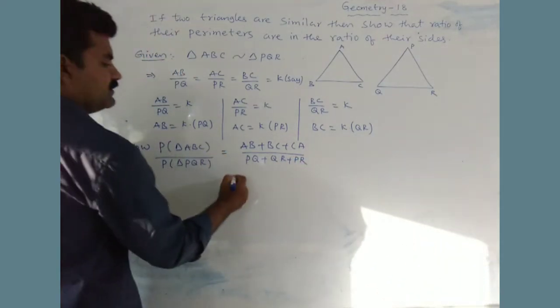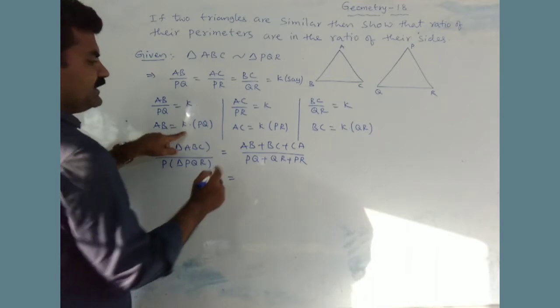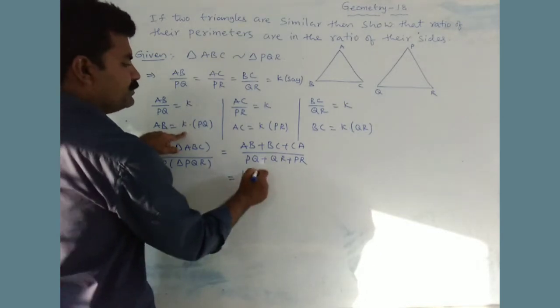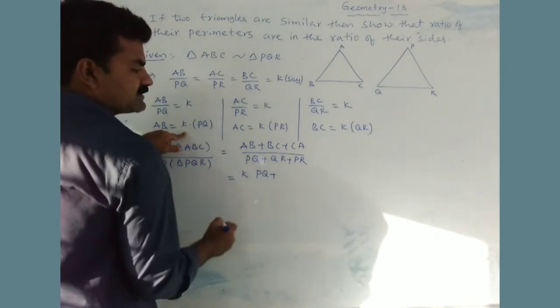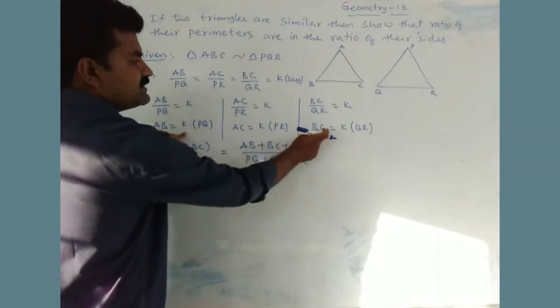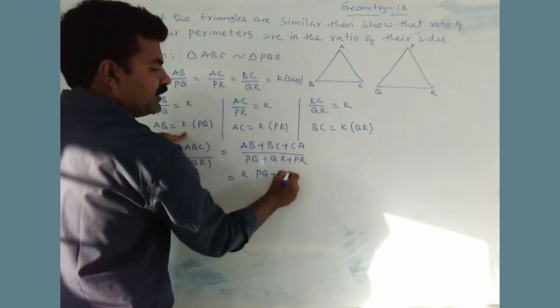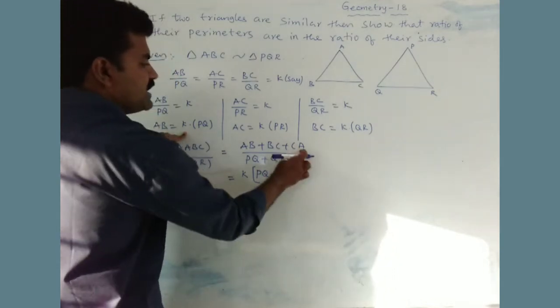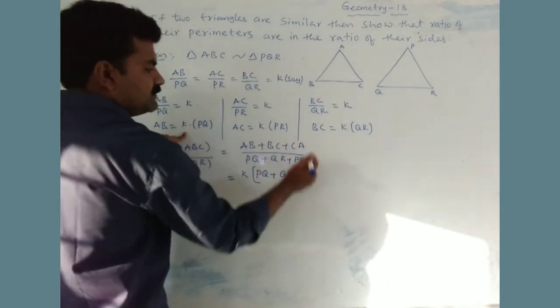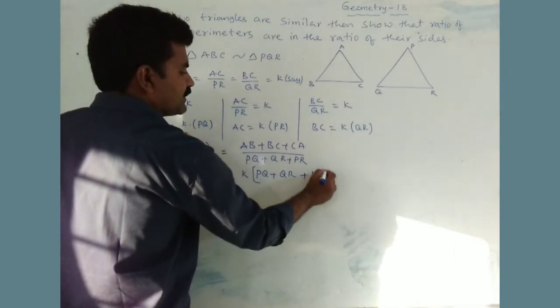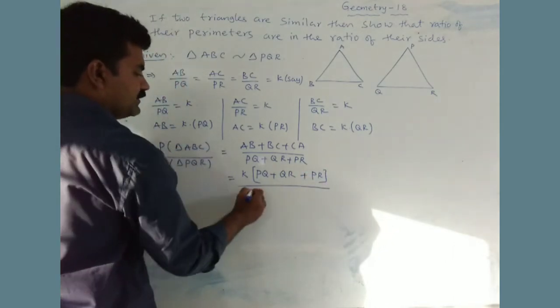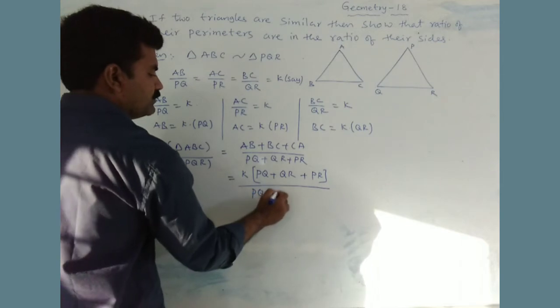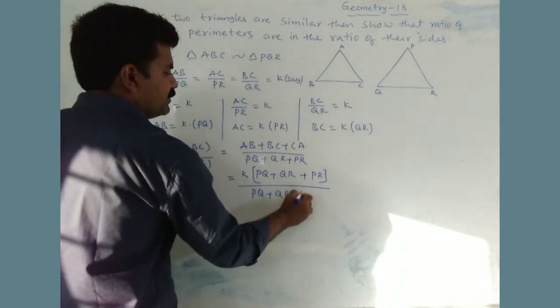So see, actually AB I can write as K into PQ plus, and BC means K into QR, whereas CA, AC, is K into PR, divided by PQ plus QR plus PR.